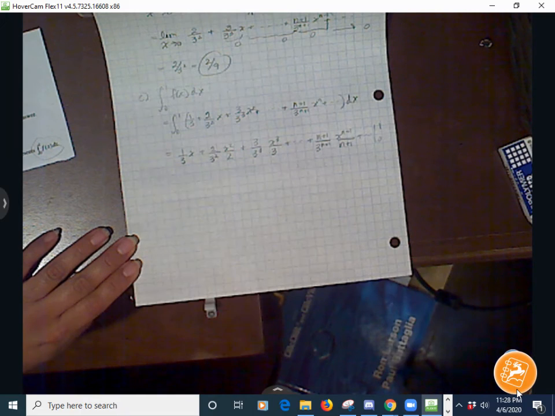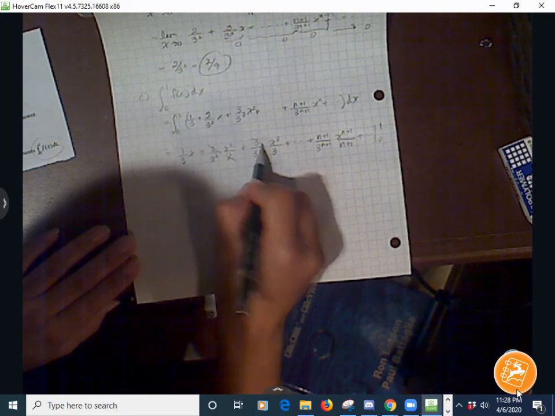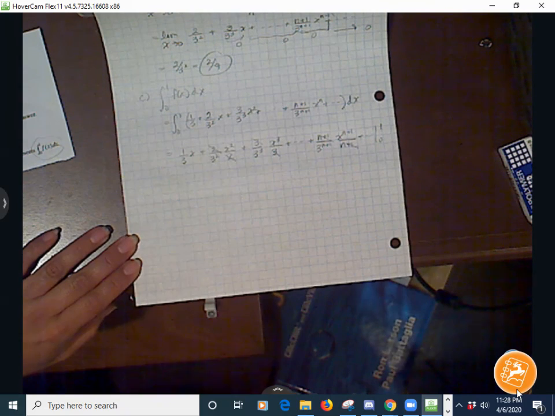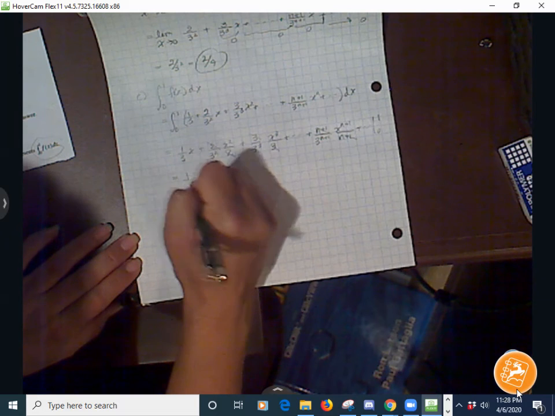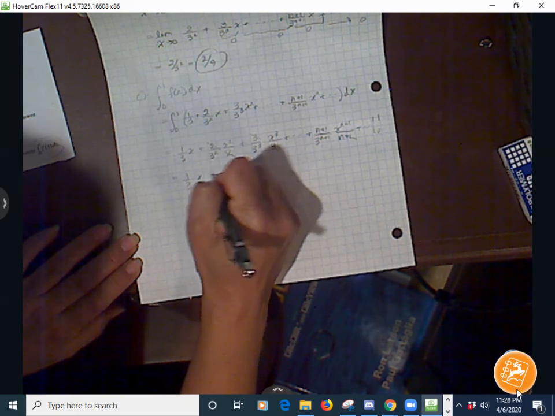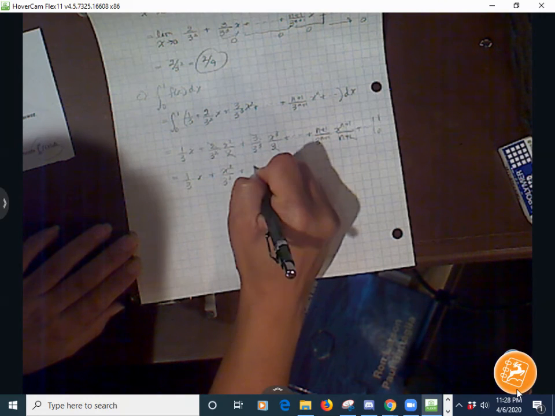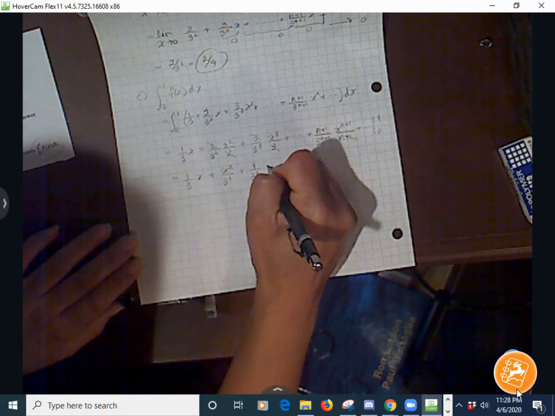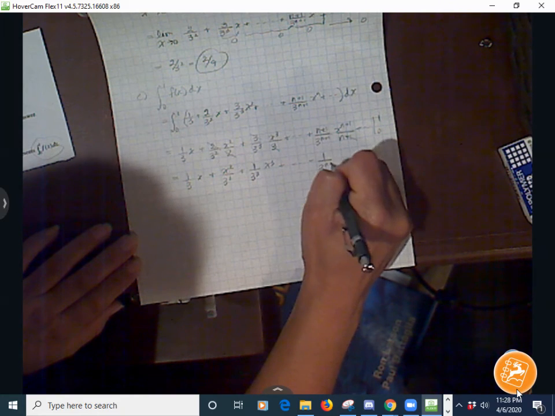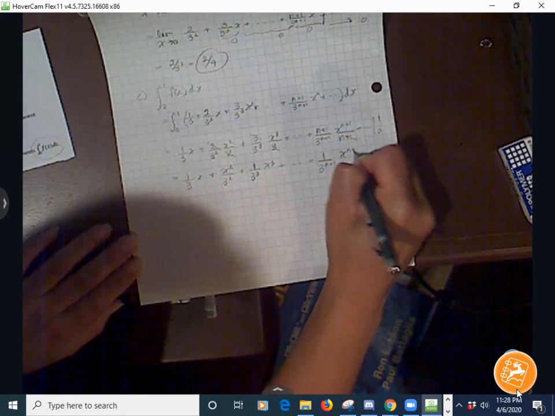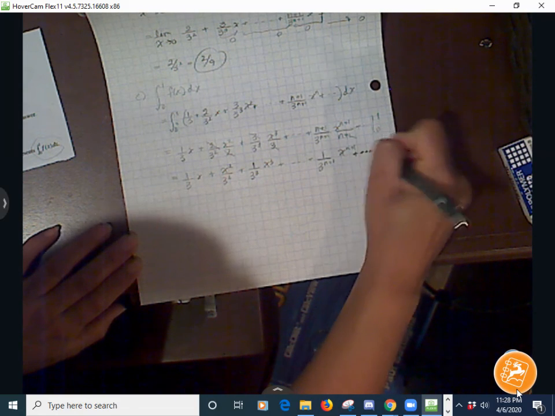So now I can see that things reduce. Goodbye, goodbye, goodbye. So now that I have that, I'm going to write it out so it's nice and neat. Plus x squared over 3 squared plus x cubed over 3 cubed plus dot dot dot plus 1 over 3 to the n plus 1 x to the n plus 1 plus dot dot dot, from 0 to 1.